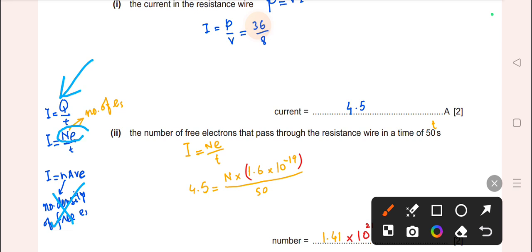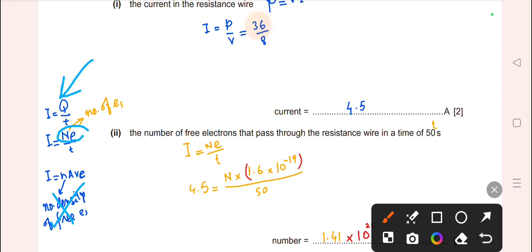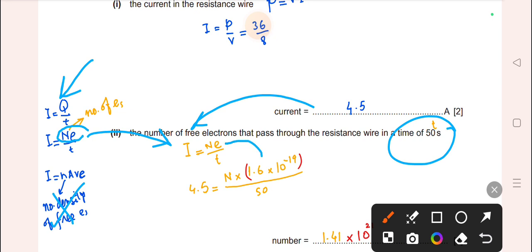This formula you need to remember, that has come many times. So we are going to use this formula. The current we have just calculated, the time is already given here, and the charge of one electron, the elementary charge, we should learn it, although it is given in the data, the first 2 pages. Then you can calculate the number of electrons.